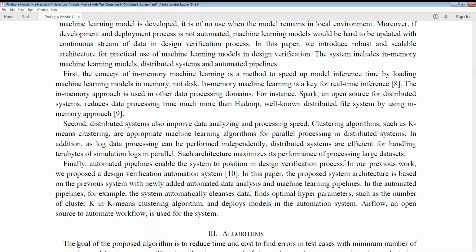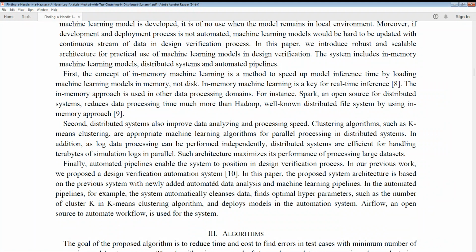In our previous work, we proposed a design verification automation system. In this paper, the proposed system architecture is based on the previous system with newly added automated data analysis and machine learning pipelines.